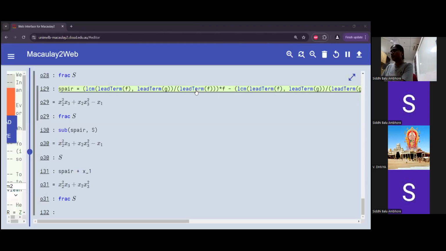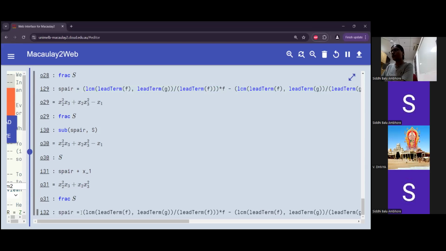So this was my S pair here, right? This was the code I was showing, and instead of doing the S pair like this, let me define this as a function.